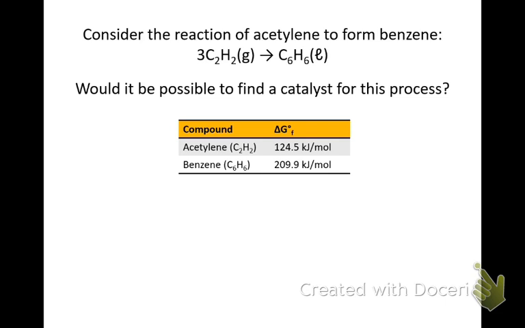So if this reaction is spontaneously moving in the forward direction toward the products, and we found out that it was because delta G is negative, then yes, it would be possible to find a catalyst for this process, because we can't change the thermodynamics of a reaction with a catalyst, but we can make it go faster.